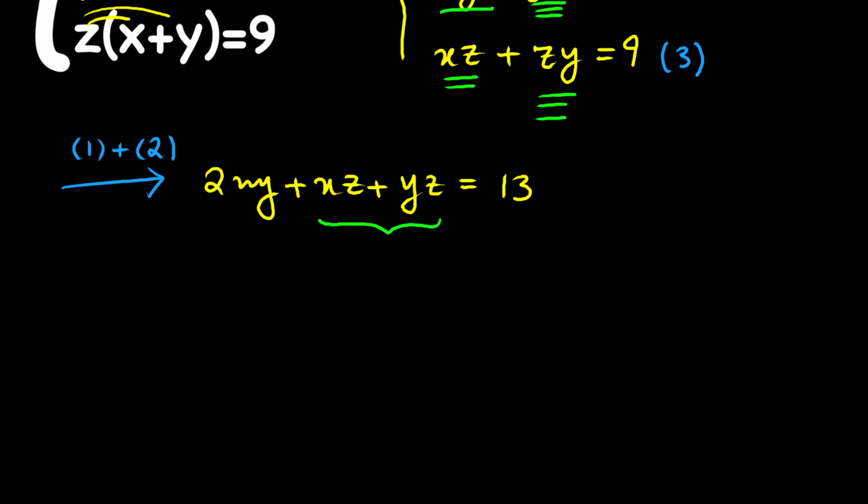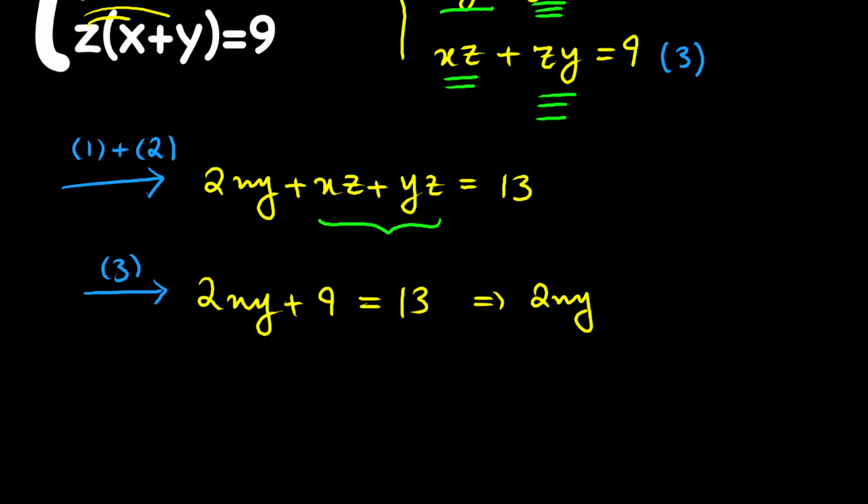So I can replace this part with 9. So I will have 2xy plus 9 equals 13, and I have this based on the third equation. So from this, I will have 2xy equals 4, and then I can say that x times y equals 2.